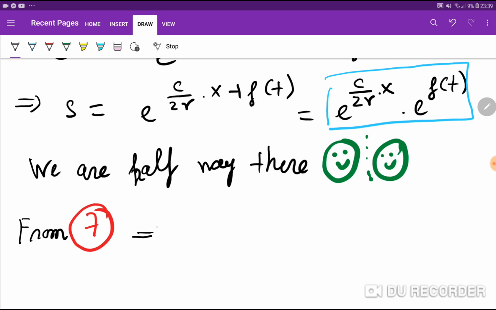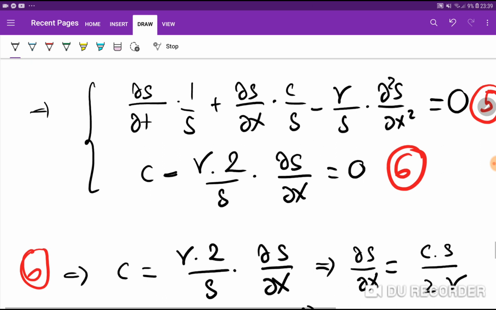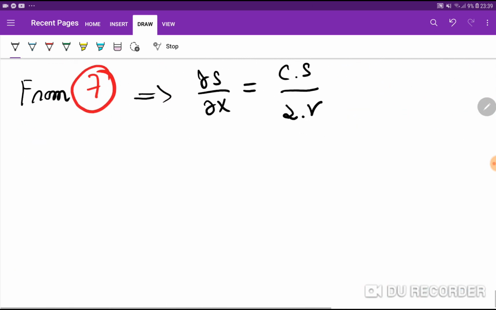So from 7, you get partial s over partial x equal to c times s over 2 times mu. Let me see, from 7. Did I label 7? Okay, give me 1 second. I think I forgot to label 7 somewhere. Okay, I see.